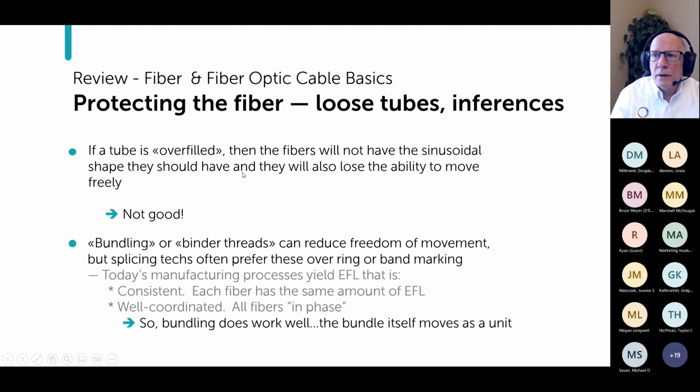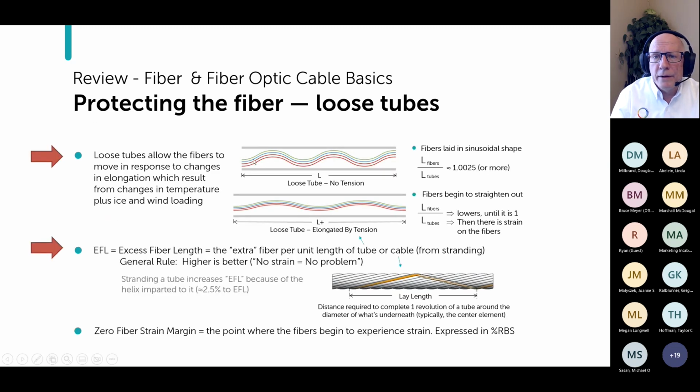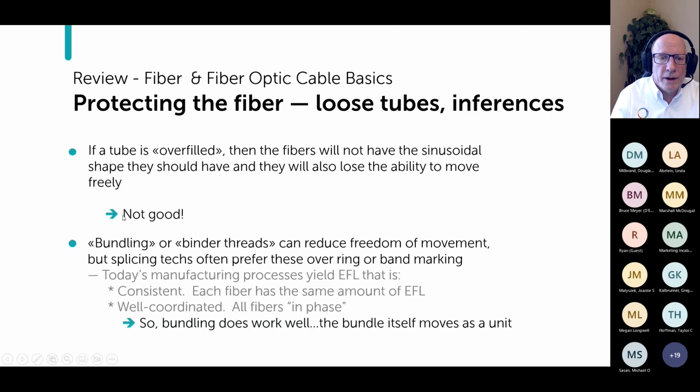Let's keep going. You can make some inferences from what we just talked about. First, if a tube is overfilled, then the fibers will not have the shape that they need to move freely, right? I can only stuff a certain number of fibers before I can't physically get the shape in them anymore. So that's not good. The other thing that comes into play, especially with OPGW, is how do you distinguish one fiber from another?